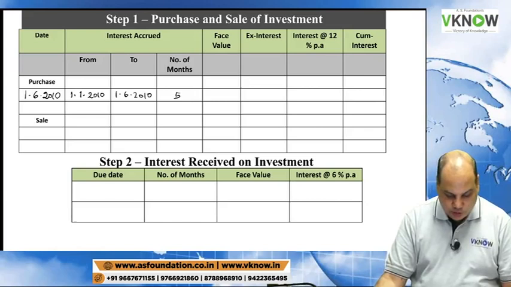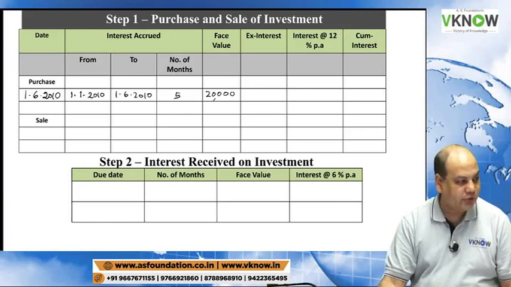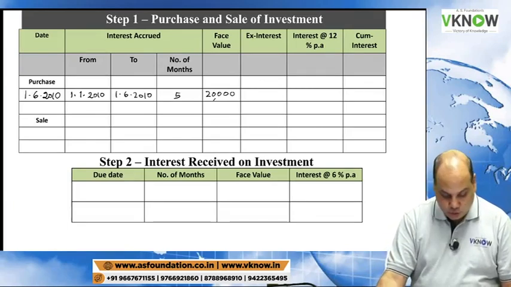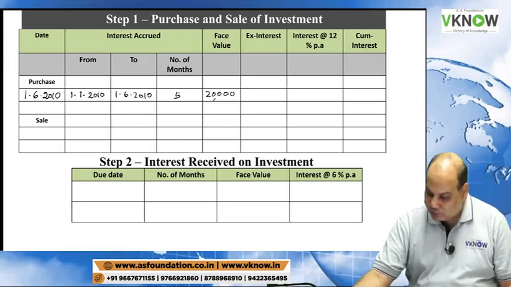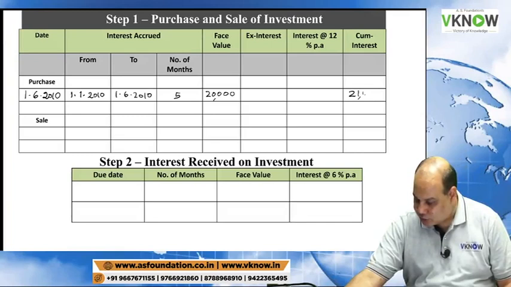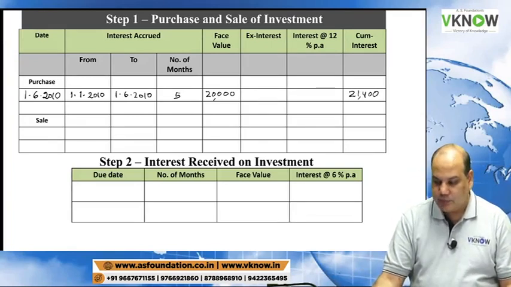And you have purchased 200 debentures. 200 into 100, 20,000. You have purchased this 200 debentures for cum interest 21,400. Directly write in last column, cum interest 21,400.